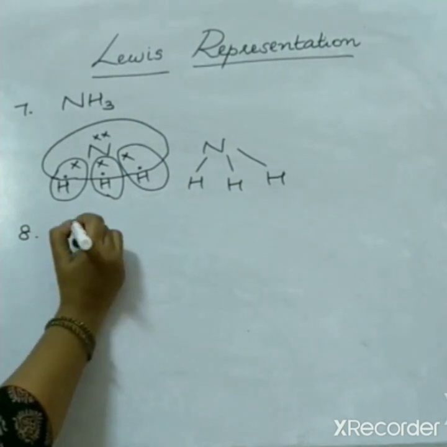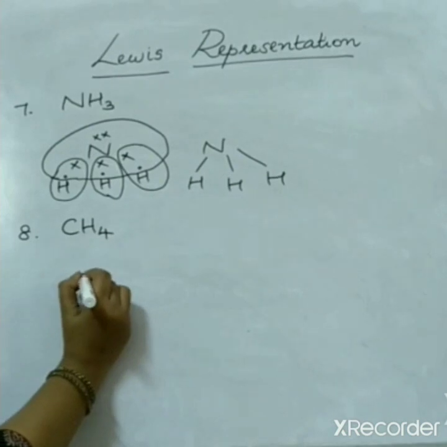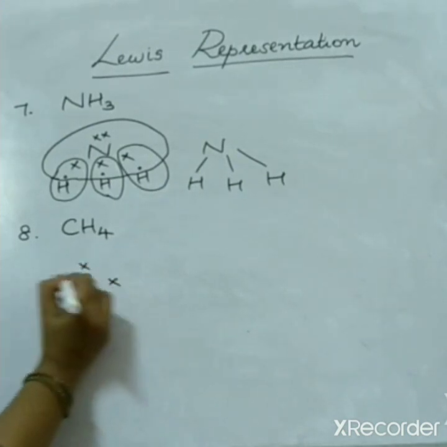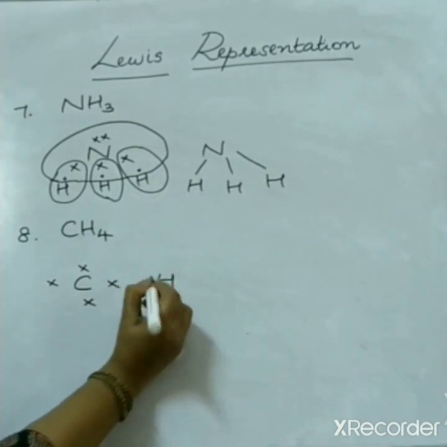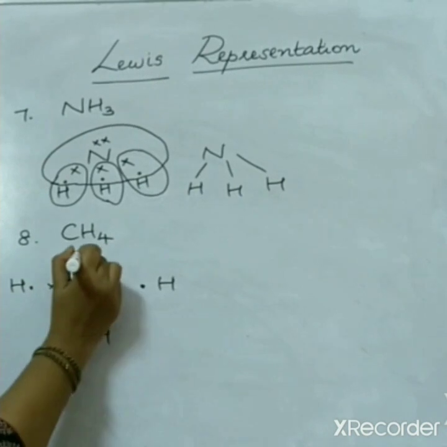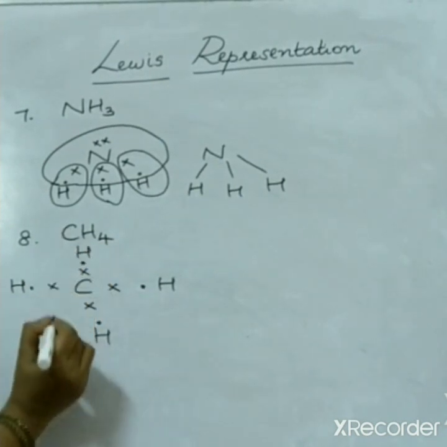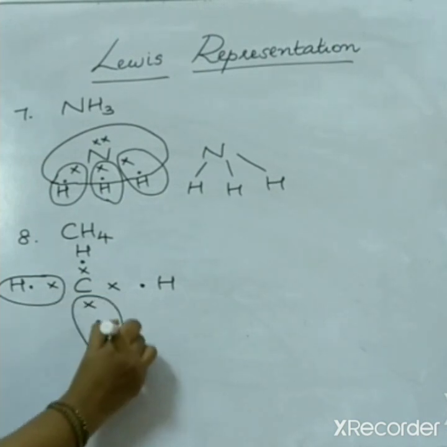Now consider methane CH4. Carbon has 4 valence electrons. Arrange the electrons in this way. And each hydrogen atom has 1 valence electron. You can arrange the hydrogen atoms in this way. Each hydrogen atom requires 1 more electron to get a stable configuration.